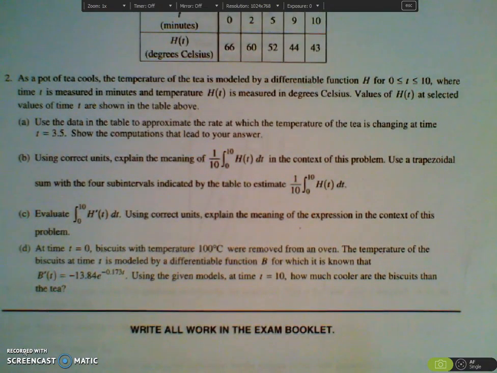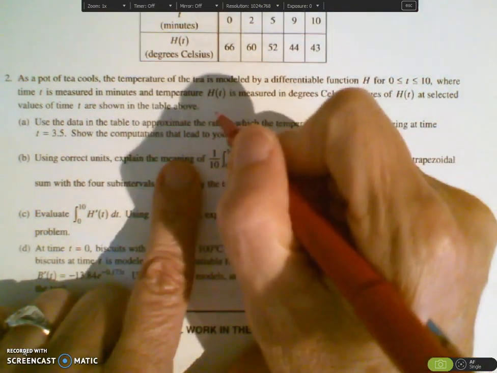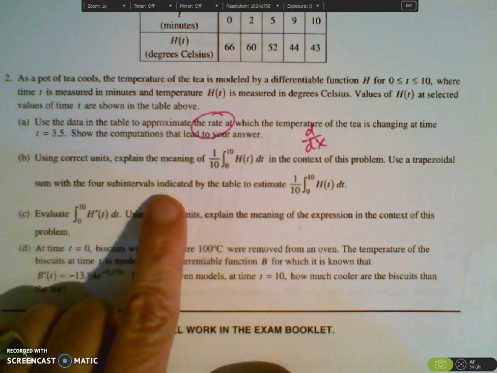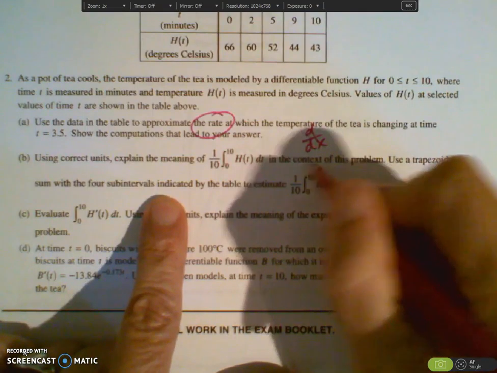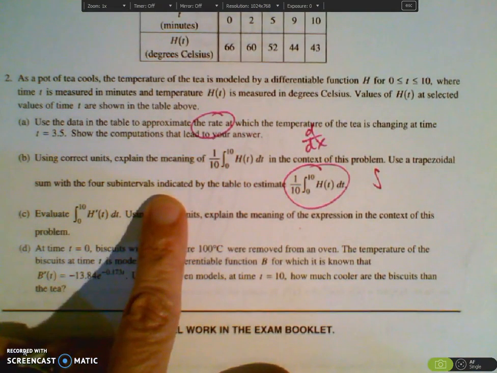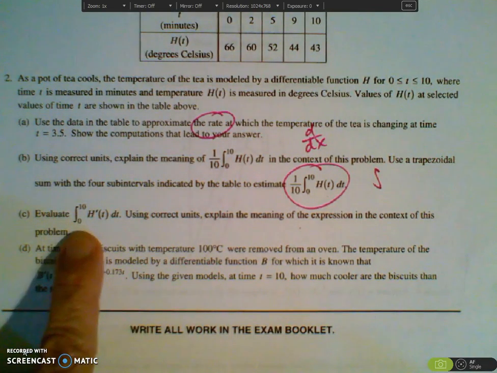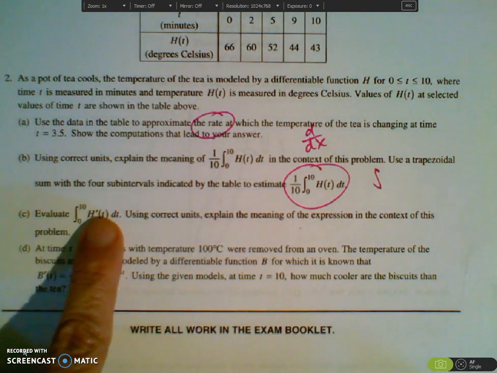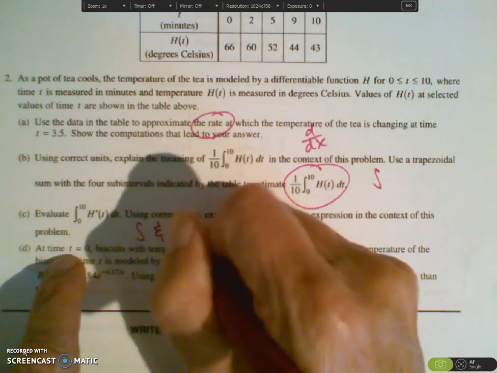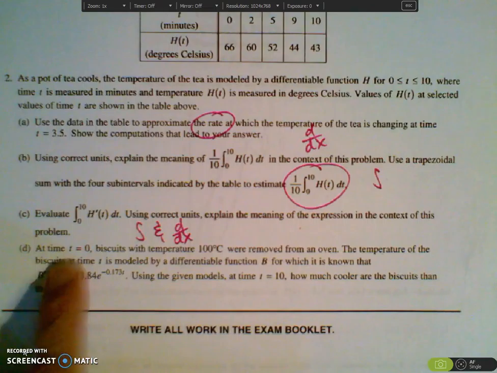Question number 2, we're going to approximate a rate. Well, I know a rate is like a slope, and so that one is more like a derivative problem. On part B, I can see this is an integral, and specifically it's an average value integral, so I'll call that integration. Now this one is interesting. We have both the integral and the derivative together. So I'm going to list this as integral and derivative in the same problem.